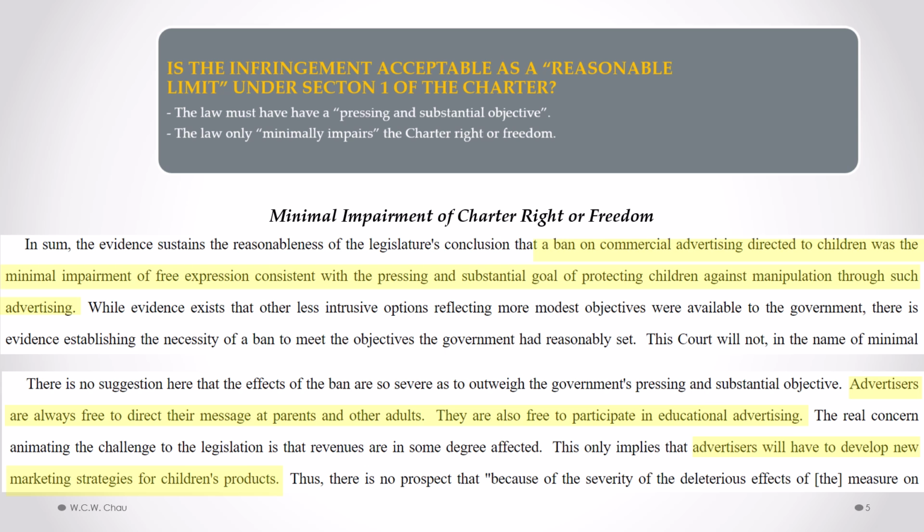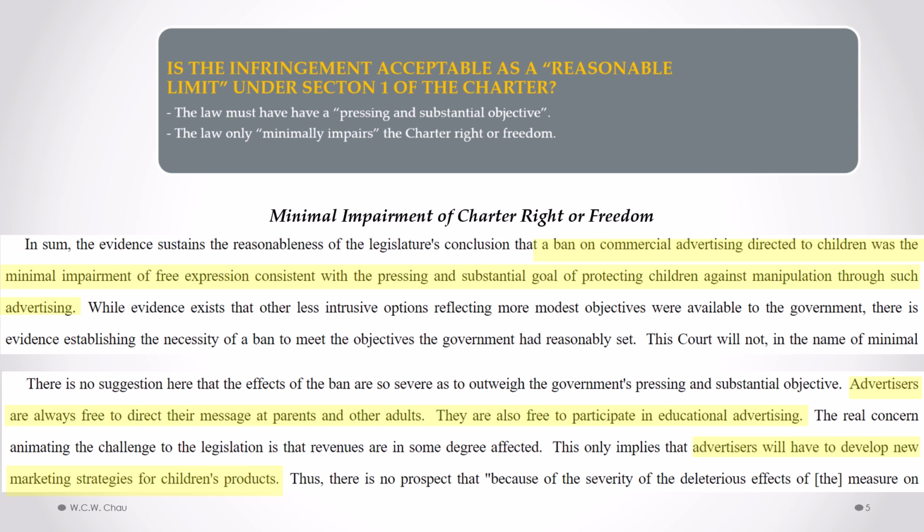The court pointed out that advertisers are always free to direct their message at parents and other adults. They're also free to participate in educational advertising, and the court basically said, this is your problem as advertisers to develop new marketing strategies to sell your children's products.